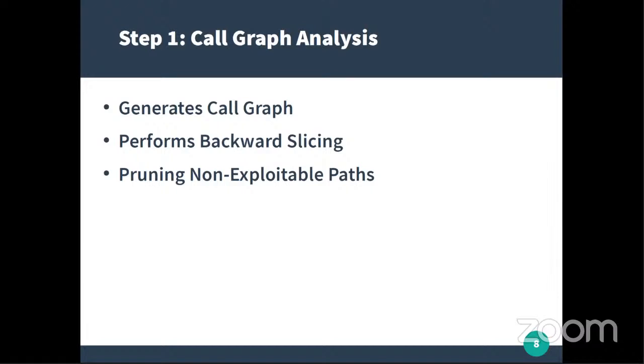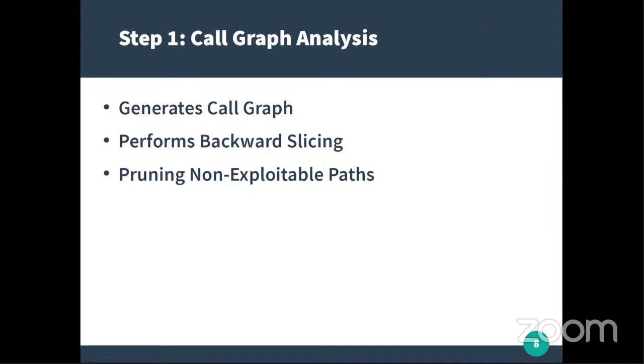After the call graph generation, Kaizen performs a backward slicing function that allows us to distinguish potential exploitable paths from neutral or safe paths in the code. Afterwards, we prune non-exploitable paths in order to increase the results' accuracy and reduce potential false positives.